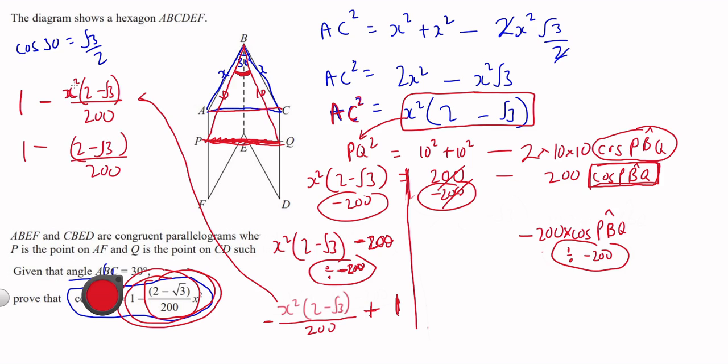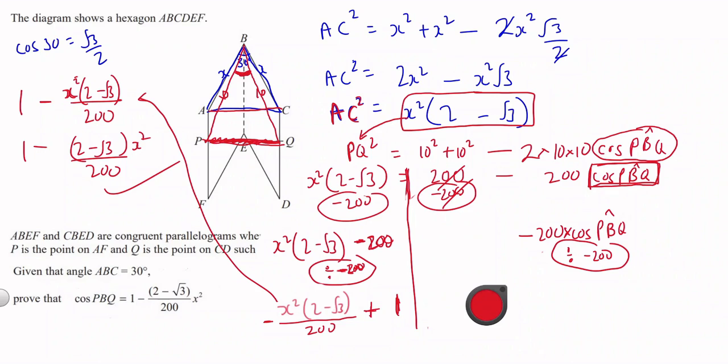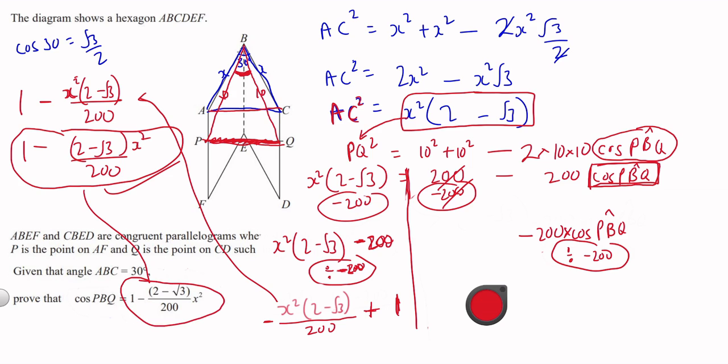And see that x squared there? I can just put it over here. So now you can see that what I've got over here matches what the question wanted. I've just worked out this angle here. It's not 30, remember, just this bit here. I worked out this angle in terms of x.